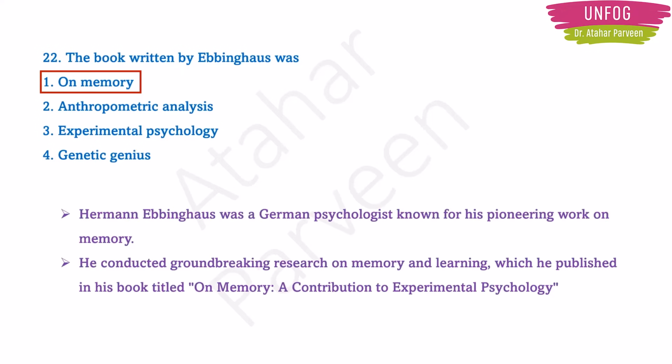His full name was Hermann Ebbinghaus, and he was very famous for his pioneering work particularly on memory. He conducted groundbreaking research on learning and memory, and then he published one book on this. The book title he gave was On Memory, a Contribution to Experimental Psychology. Remember the name of the book. On Memory, a Contribution to Experimental Psychology.